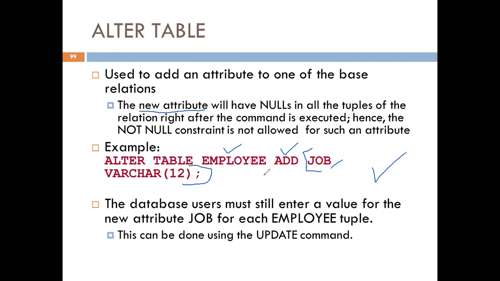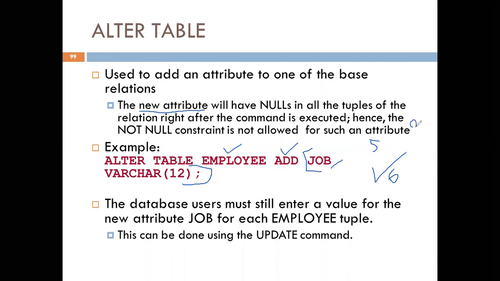Once this is done, we can next provide the data for the job attribute. Let us consider I have already entered 5 employees. After entering 5 employees, I will add a new attribute. Then when I want to insert the 6th employee, I have to provide the data for this job.